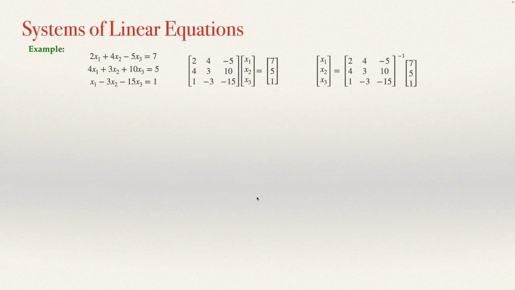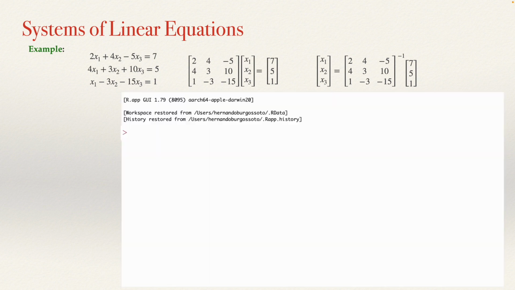So let's see how to use R to solve a problem like this. So we have that the solution is this, and we have R. For using R, the first thing to do in this case is call pracma, the package that will be useful for solving problems related to matrix algebra. So call library, open bracket, and open quotations also.